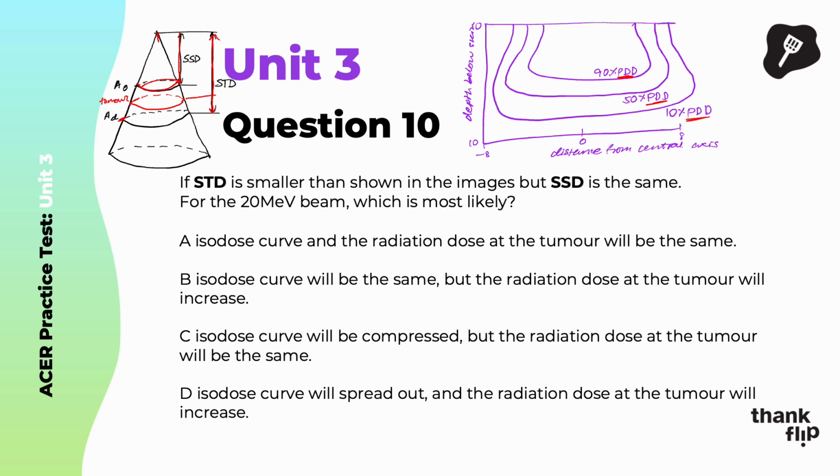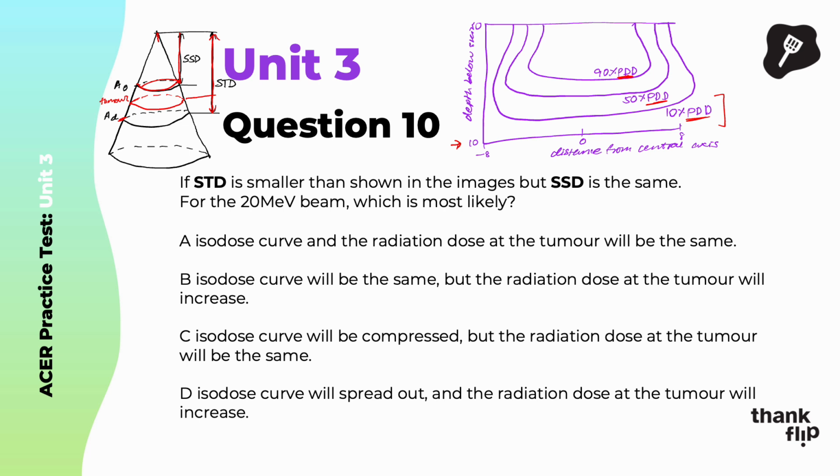And the isodose curve is just showing kind of proportions. It's just showing that if the tumor is 10 centimeters below the surface of the skin, it's going to get however much PDD this is. Let's say that it's 10%. Say that perfectly matches up.